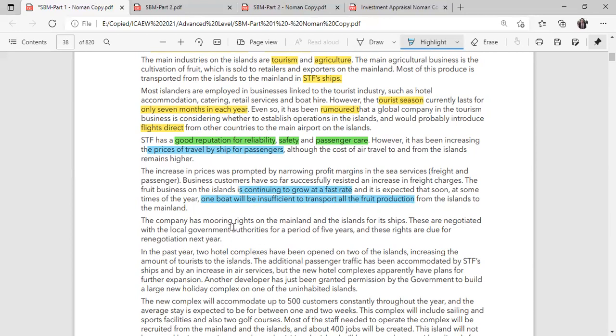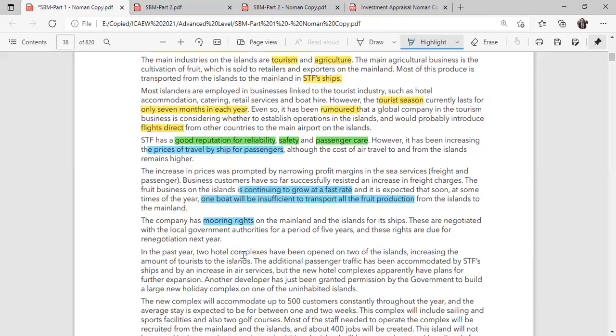The company has mooring rights on the mainland and island for its ships. That is something very, very good because you have rights. Anyone who wants to go for sea business or air business needs to purchase some rights, and that's a good thing for you because you already have them.